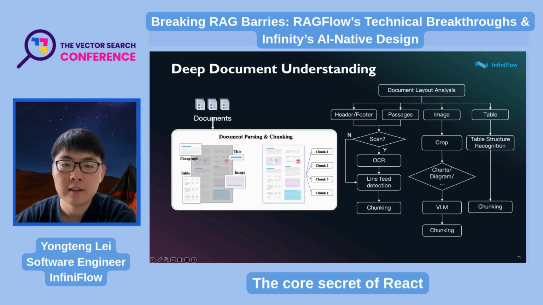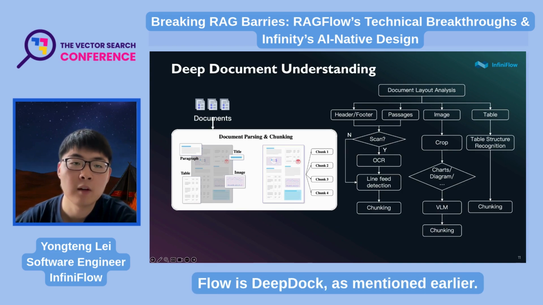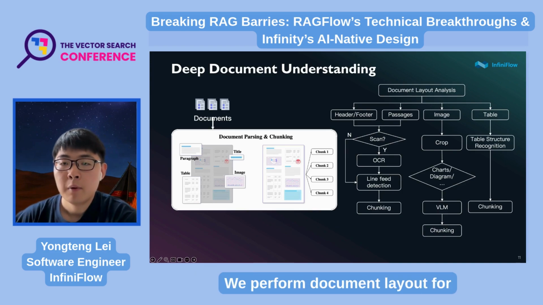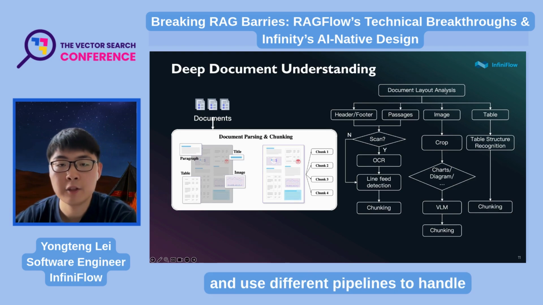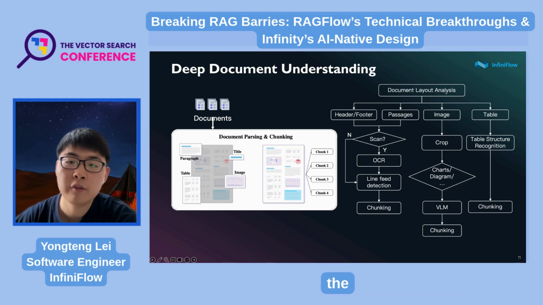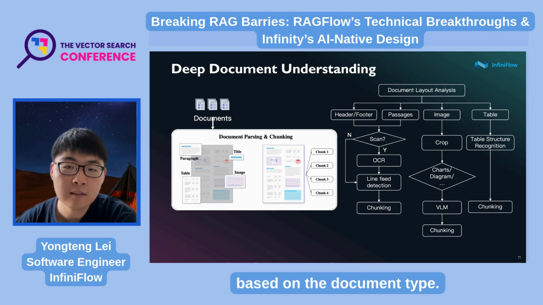Let's go to chunking. The core secret of RAGFlow is DeepDoc, as mentioned earlier. We perform document layout detection first and use different pipelines to handle the content based on the document type.